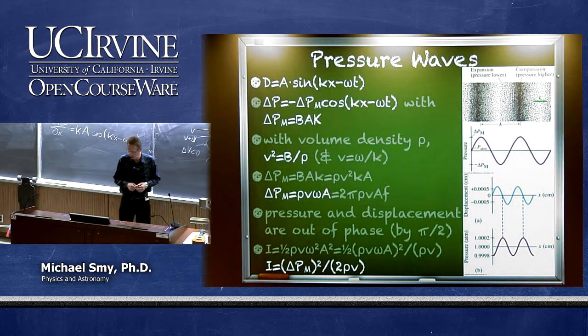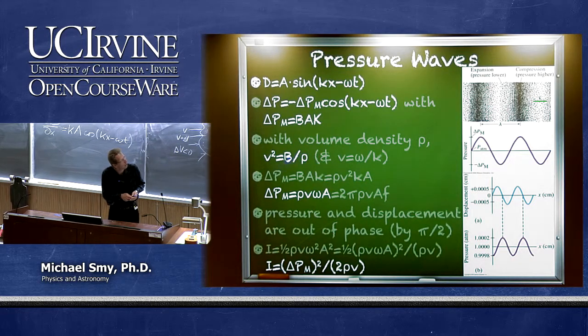We can next look at this. When we use this relation v square equals b over rho, we can solve for b.